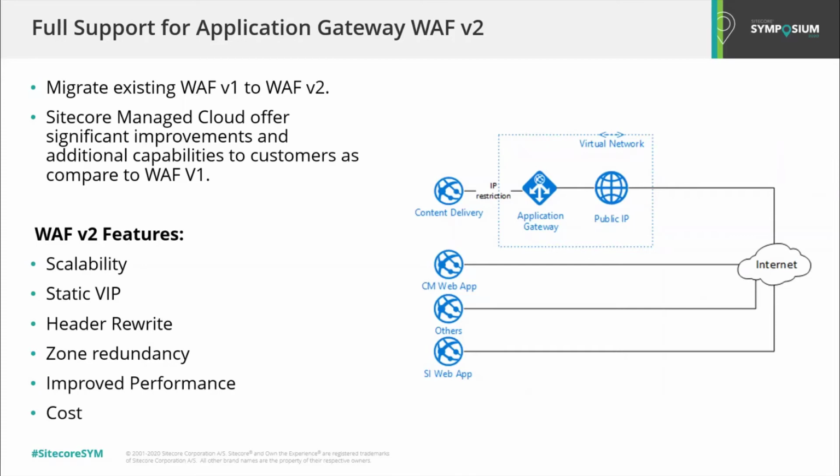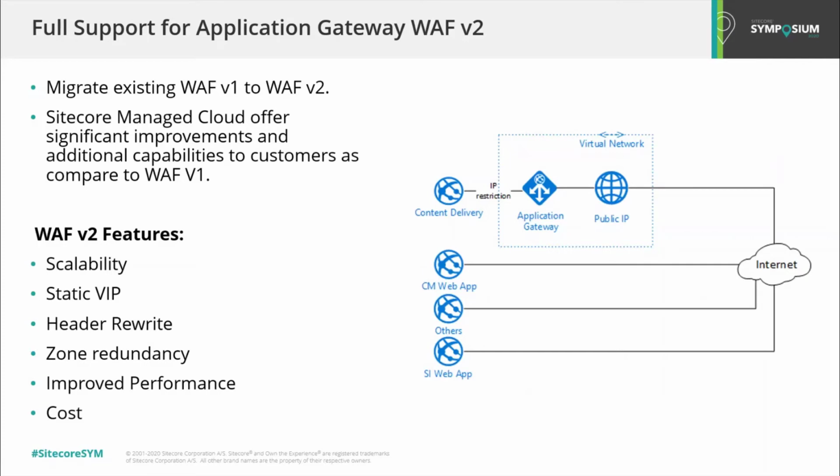So let's discuss some new features of WAF v2. It allows you to perform scaling of the number of instances based on the traffic. The virtual IP assigned to the application gateway can be static, which will not change over its lifecycle.